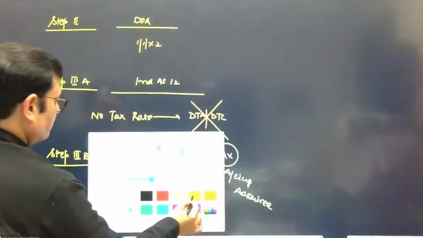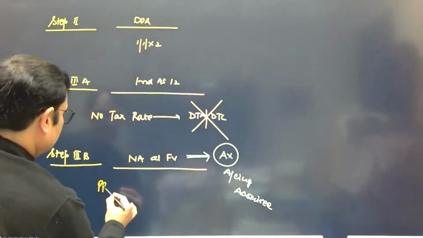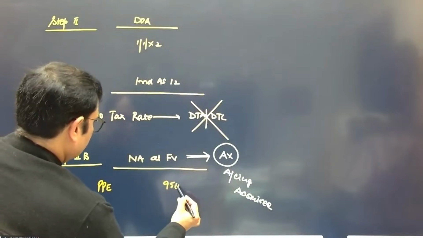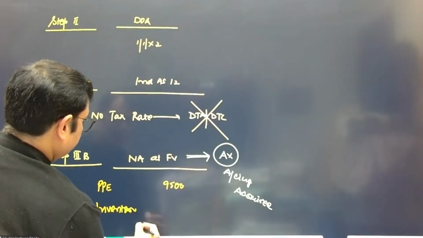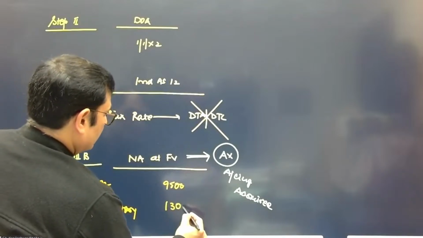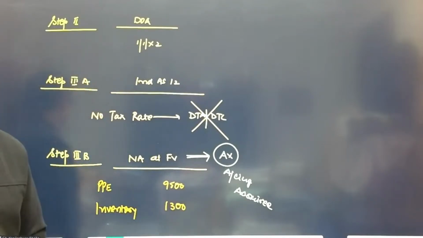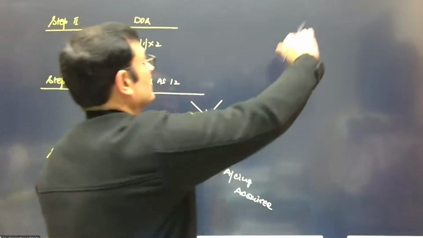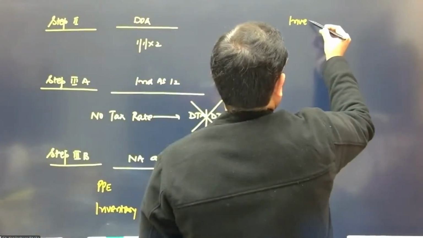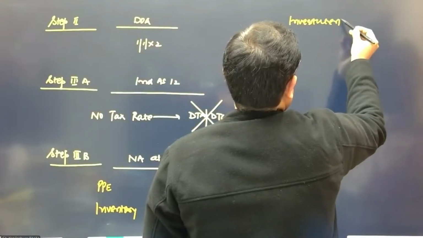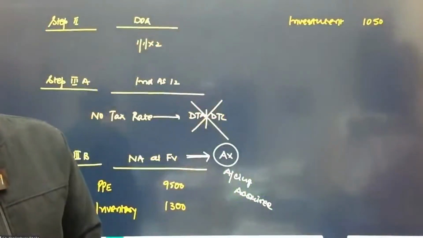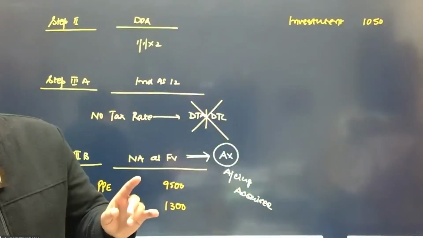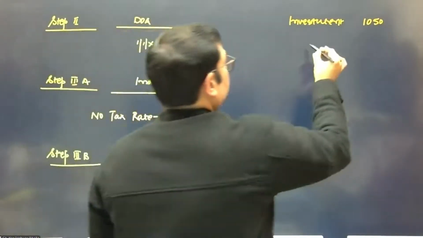Then the rest we can take all things at book value itself. I guess we are given investments, that is 1050. Except for inventory and PPE, everything else is at book value. And the next item, trade receivables, is 1,800.